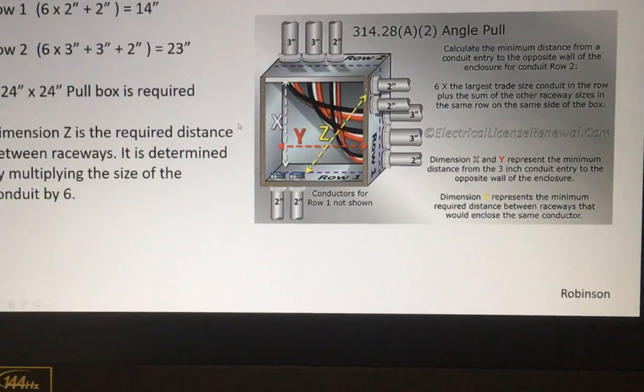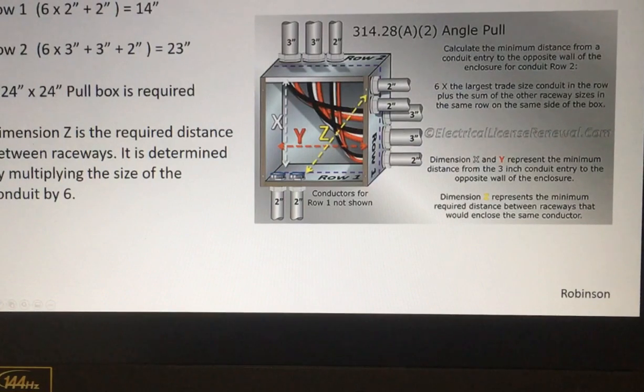The raceway is just the conduit running into the box. See these things that look like little pipes? Those are raceways. Okay, good. And here's dimension Z. This is a dimension on an angle pull where you couldn't have a 2-inch here and a 2-inch down here unless you had at least 6 times the trade size diameter.